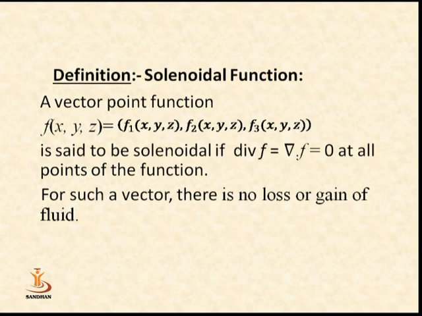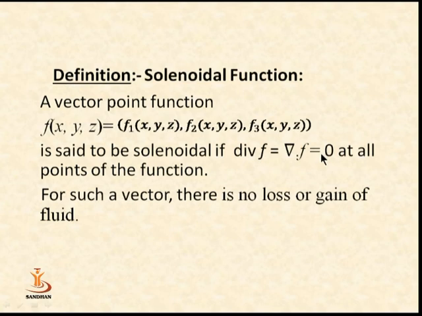So here we write, for such a vector, if there is no loss or no gain of fluid, that means if the water enters the box at the same speed as it comes out from the other side of the box, then the divergence has no loss or no gain, and we get divergence f equal to 0.